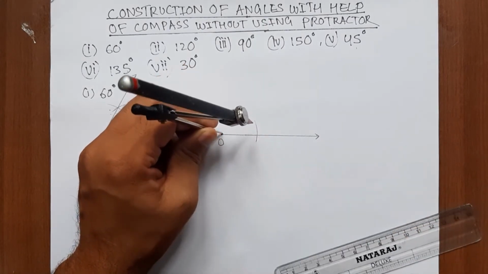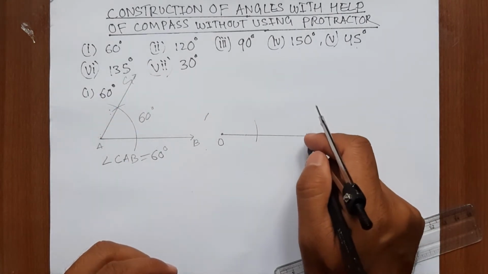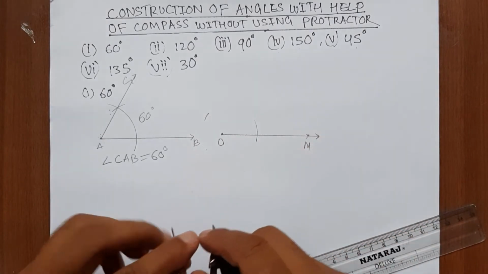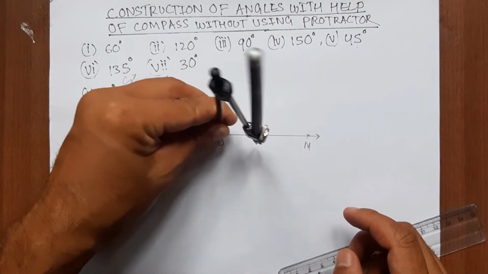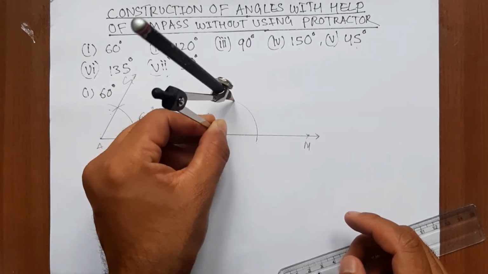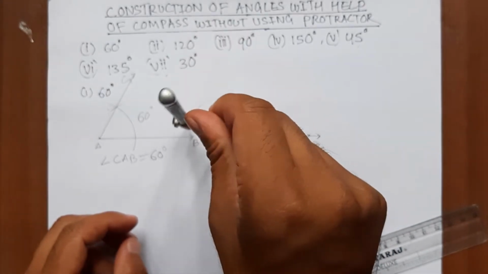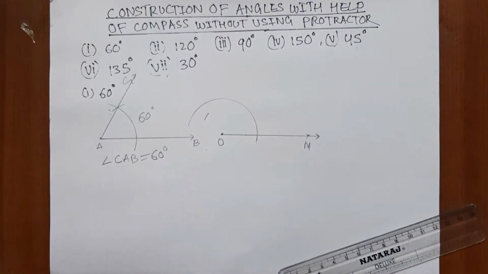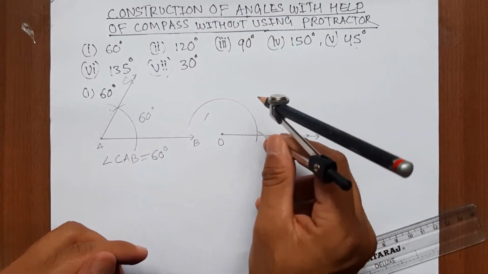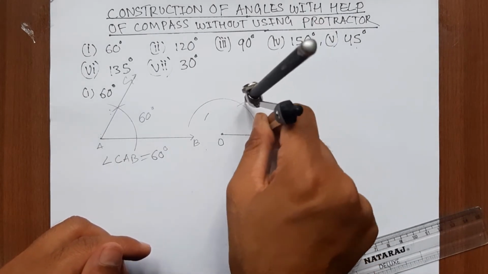The arc intersects O. Let it be M. Without changing the length of the compass and the pencil, without changing the length of the arc, let me cut.